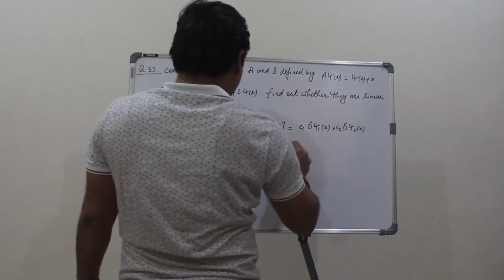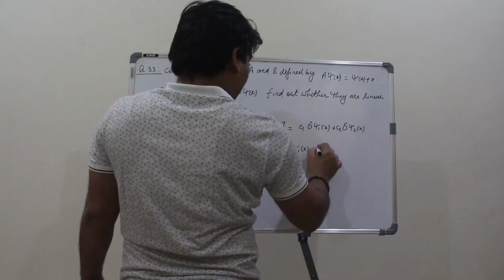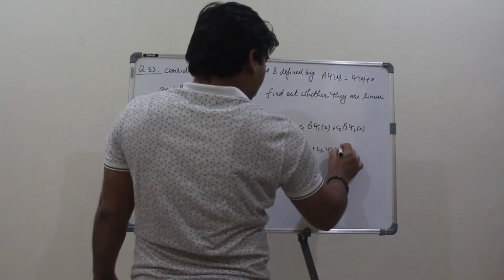So it gives you c1 psi1(x) plus c2 psi2(x) plus x.